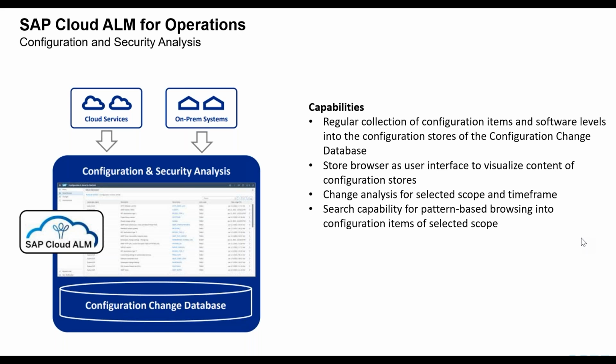So at any given time, if there's any change done to the configuration of the environment, or for example to the security as well, you could also go and look at that historically. For example, think of it as a browser, to see if there's been any changes to your configuration, also to your security within that environment.